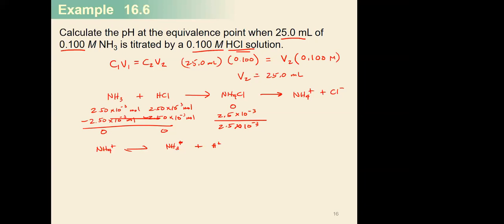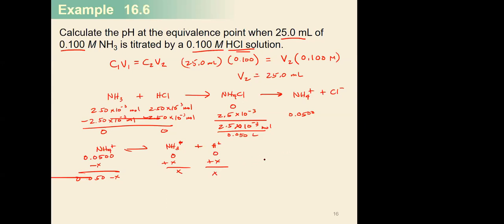So 2.5 times 10 to the negative 3 moles divided by 0.050 liters will give you around 0.05 molar. That's the concentration that you have here. Nothing, minus X, plus X, plus X. And you have here 0.05 minus X, and then X here and X.